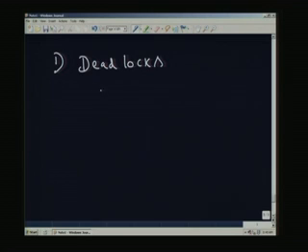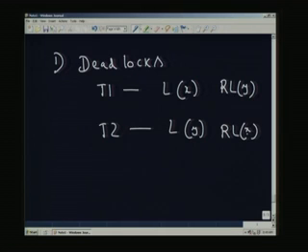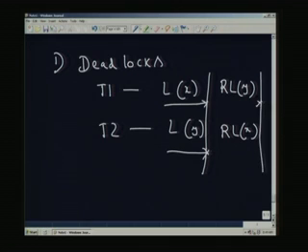What we mean by deadlock is, let us say T1 has acquired a lock on data item X, and T2 has acquired a lock on data item Y. It is possible that now T1 is requesting a lock on Y and T2 is requesting a lock on X. Both cannot proceed any further, and they are not going to release X or Y till they reach the lock point.